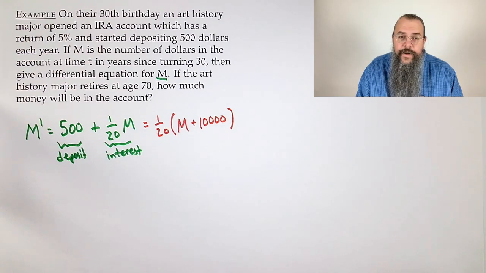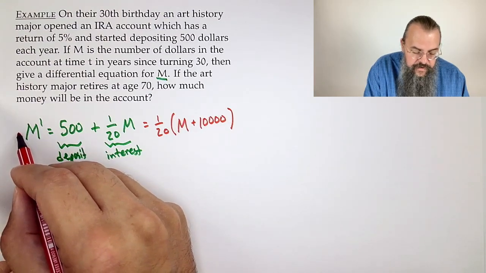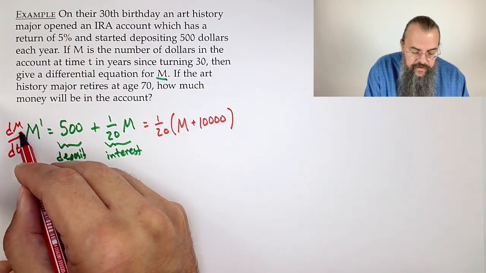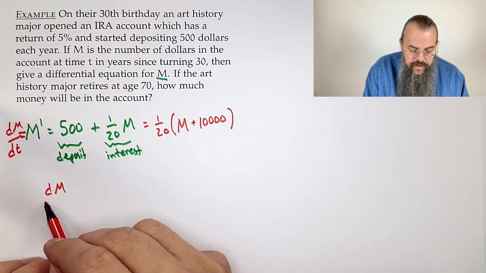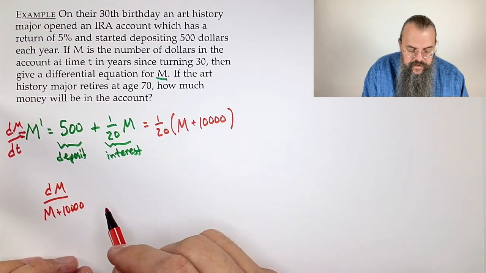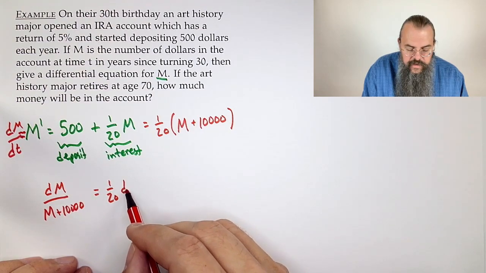All right. Well, now we can do our separation, right? Because we'll think of this as our change in money with respect to time. That's dM/dt. So we can say dM divided by M plus 10,000 is equal to 1/20th dt.